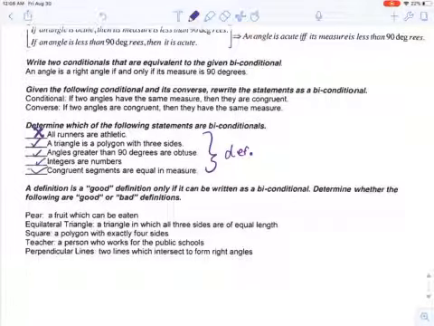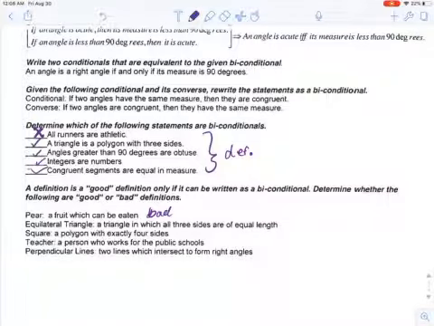Determine whether the following are good or bad definitions. An object is a pear if and only if it is a fruit that can be eaten. This is pretty bad.